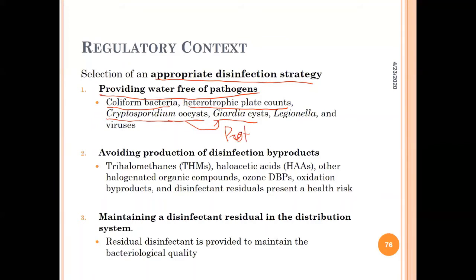Legionella, which produces pneumonia, and also viruses. So water should not have these. And most of them are indicator microorganisms. Coliform is an indicator microorganism. Heterotrophic plate count is an indicator microorganism.